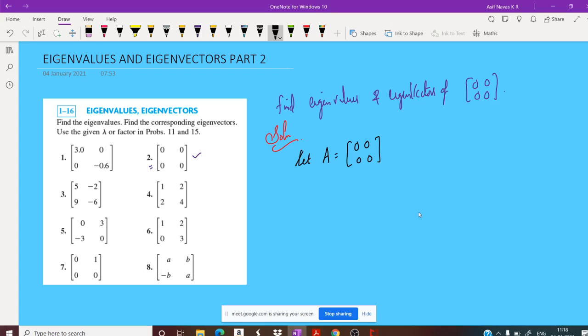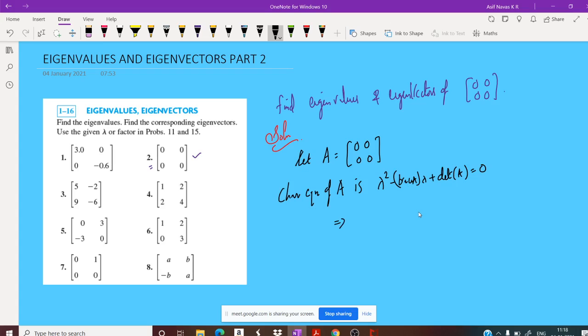So tell me, what is the characteristic equation? What is the shortcut method? Lambda square minus trace of A into lambda plus determinant of A is equal to 0.